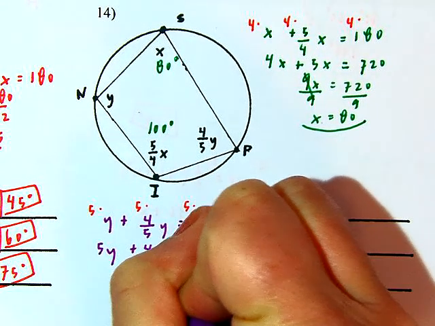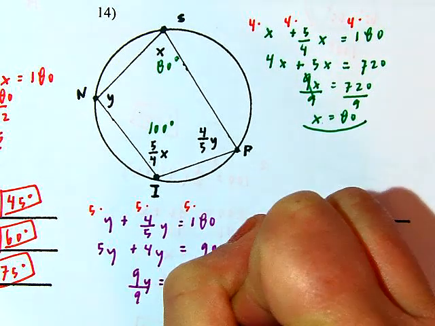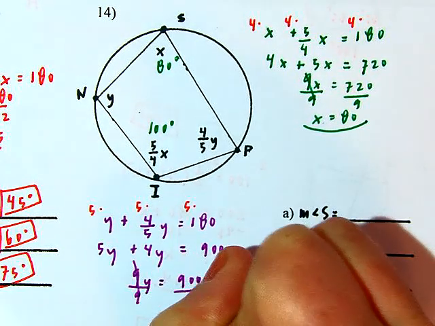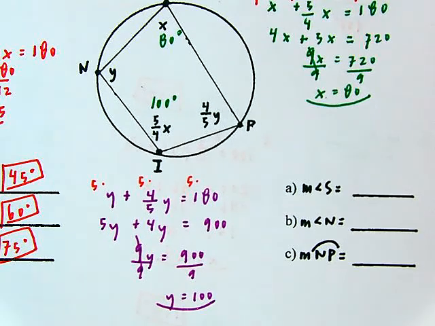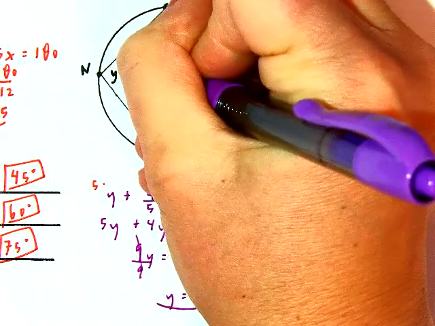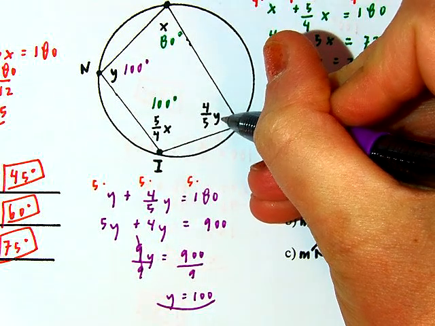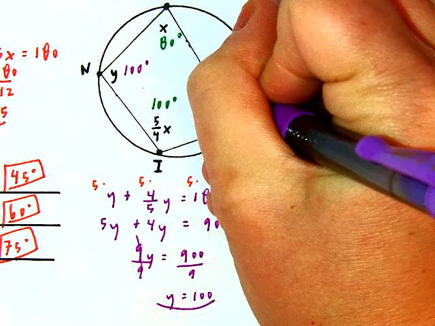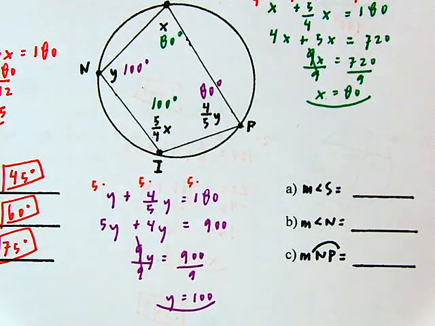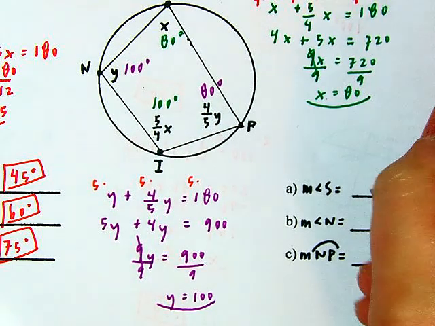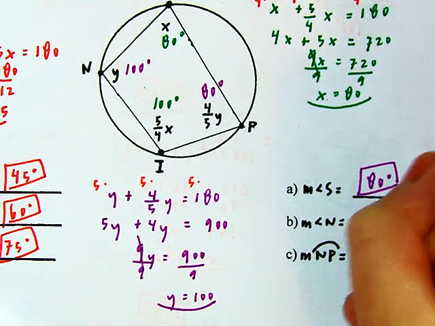So 9y equals 900. Divide by 9, and y is 100. So if y is 100 right here, and then I want 4/5 of y, well, 4/5 of 100 would be 80. All right, so I filled in my angle measures. The measure of S is 80, and the measure of N is 100.